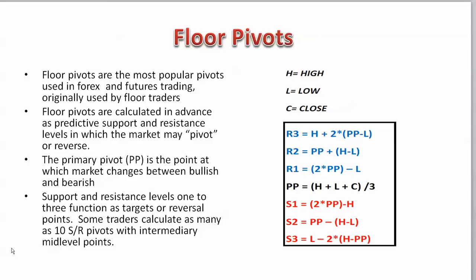Now we're just going to concentrate on the main pivots today. The other thing we're going to consider here, which is very important, is the weekly and the monthly pivots. Now weekly and monthly pivots can have a major impact on the market as well. I'll show you some examples of that also live on the charts.